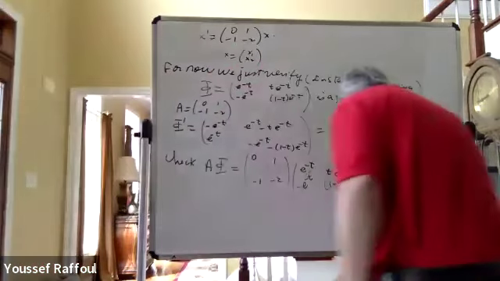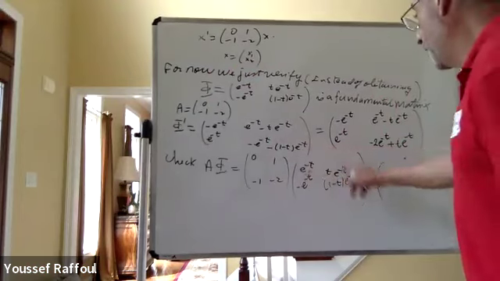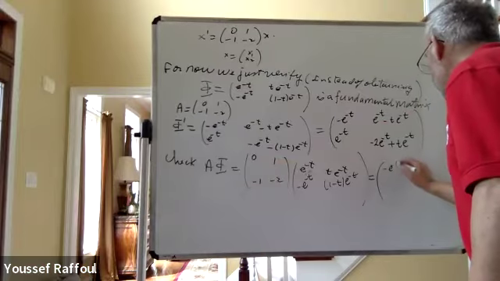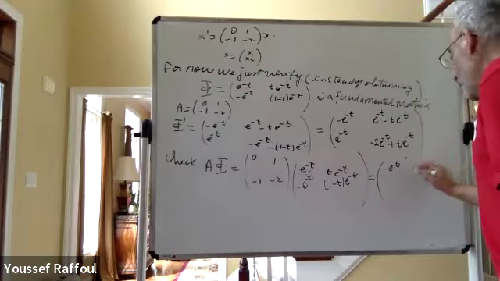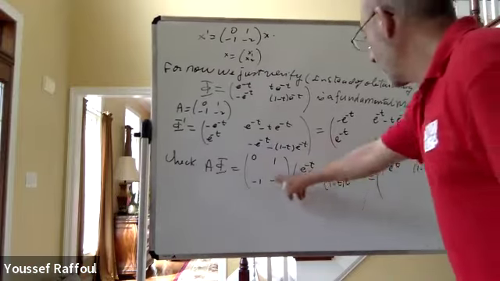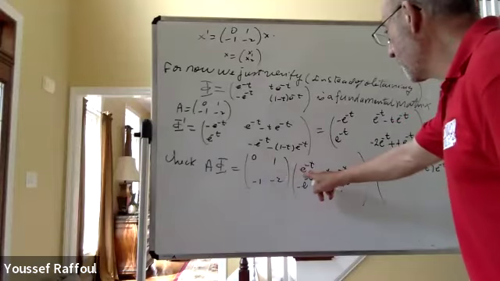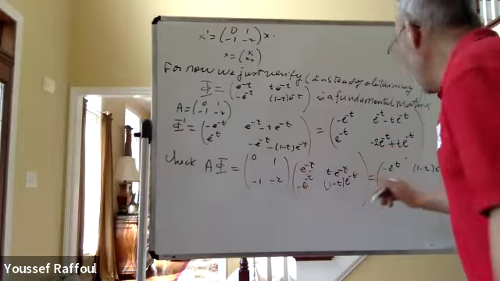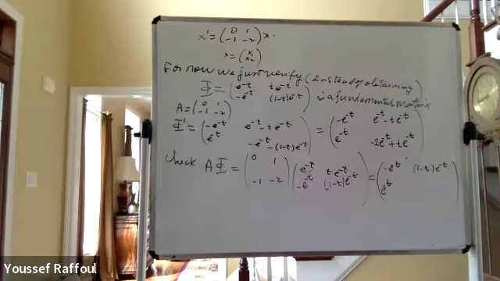All right, so that is gonna be, if you multiply this with that, minus e to the minus t, if you multiply this with that, will be 1 minus t e to the minus t. If you multiply here, you will have minus e to the minus t plus 2 e to the minus t will be e to the minus t, correct?